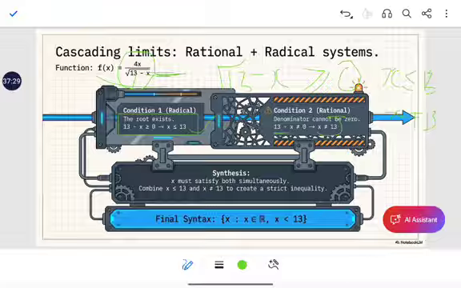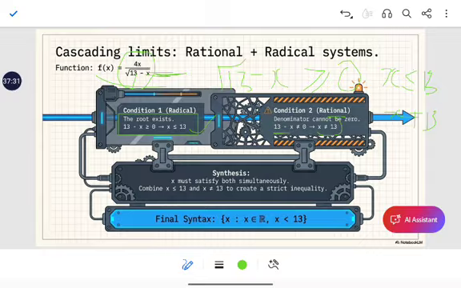So what do we do? Which one do you pick? So now our x must be less than 13, as the final synthesis.